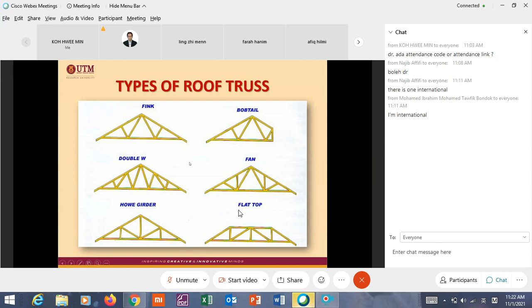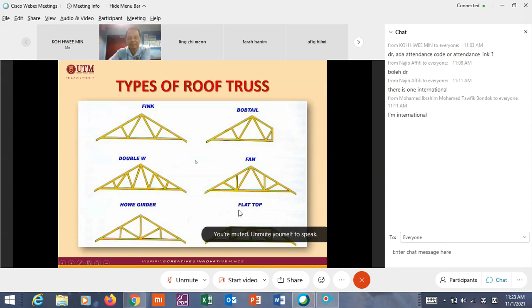Another type, another name: low profile raised iron. Some more types of truss. You can choose any type, and choose whichever truss is more suitable, maybe more economic. There are many types of truss.